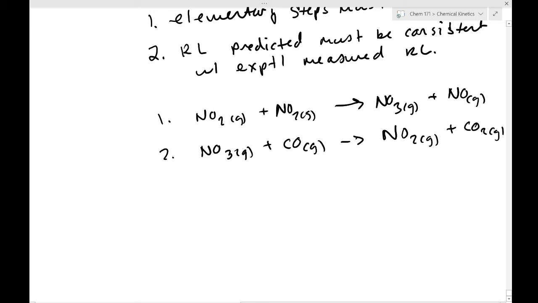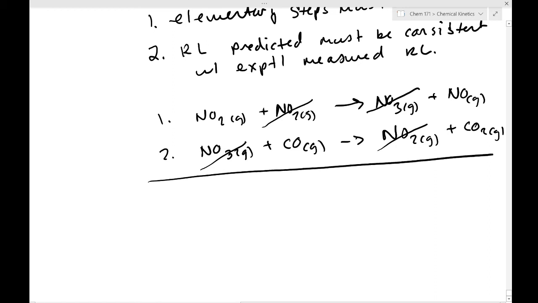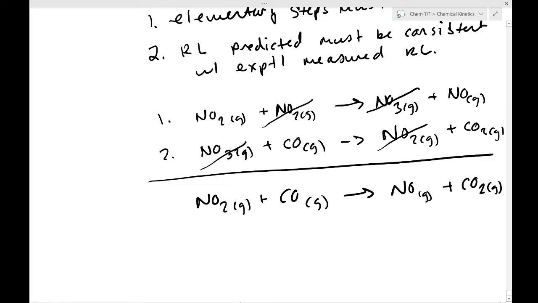Okay, if we add these together, we find that the NO3 cancels out, and we also find that one of the NO2s cancel out. So we're left with the overall reaction of NO2 plus CO goes to NO plus CO2, which is the original overall reaction that we started with.